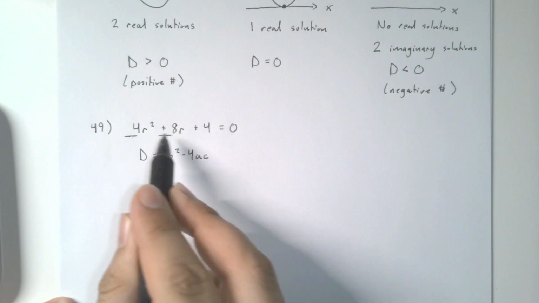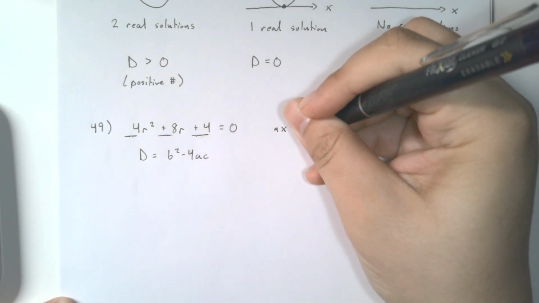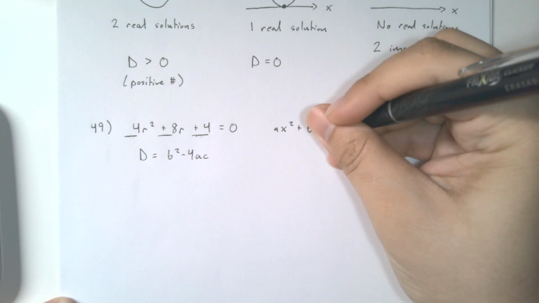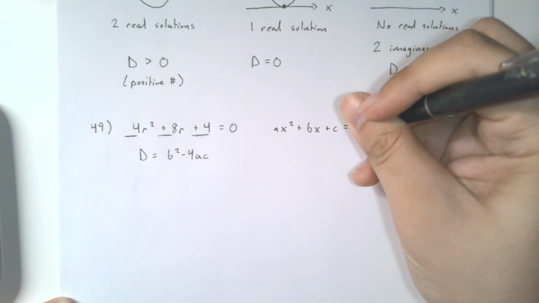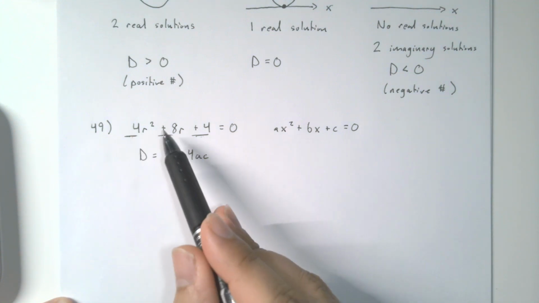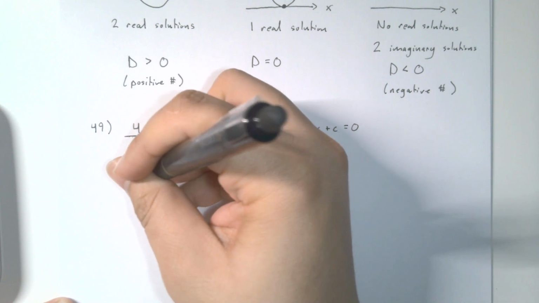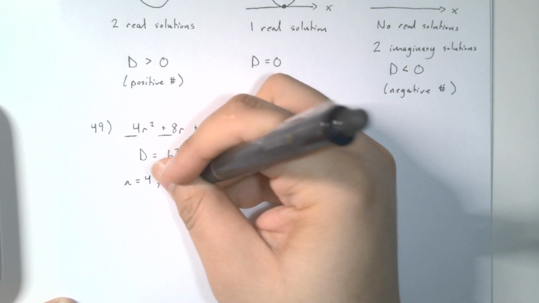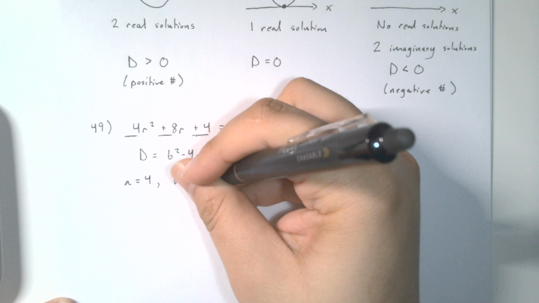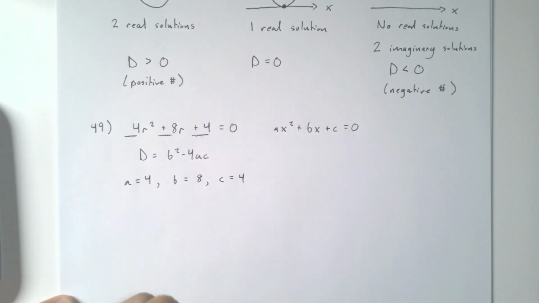Remember, this is when our quadratic is in standard form, ax squared plus bx plus c is equal to 0. And we see here that a is equal to 4, b is equal to 8, and c is equal to 4.